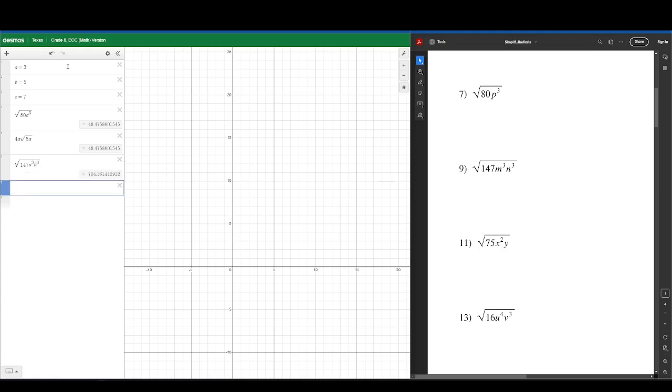Then my simplified version would be 7, say a squared, b square root of, that's 49 times 3, a, b.